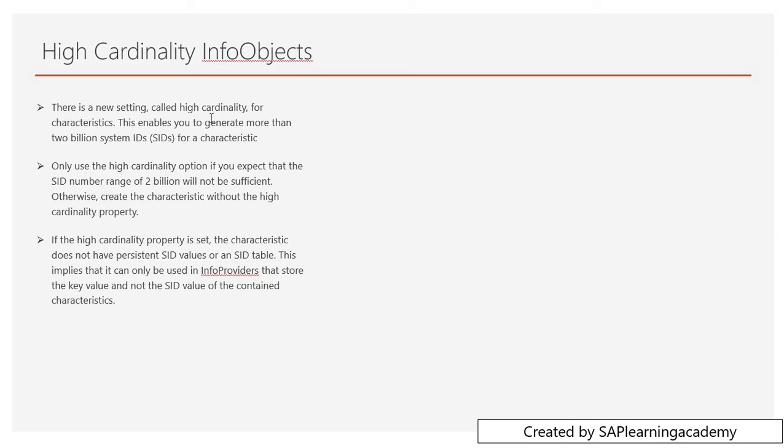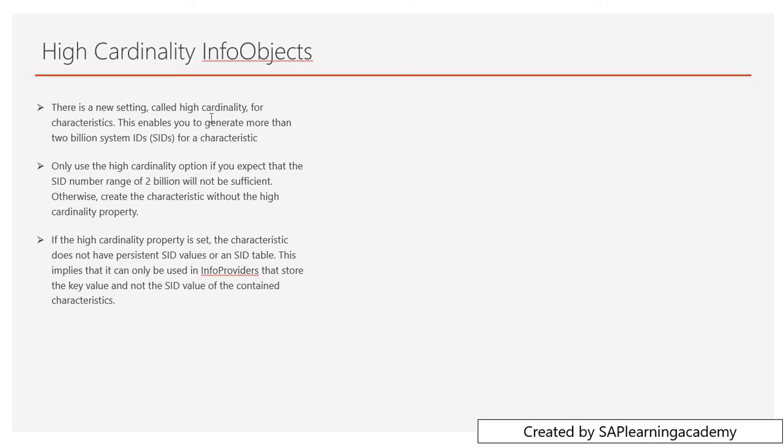And the high cardinality characteristic cannot be used in some cases, like in ADSO, which behaves like an info cube. There you cannot use the high cardinality, and also you cannot use it as a navigational attribute, and also you cannot use it in hierarchy, and also you cannot use it in SAP HANA analysis process designer.